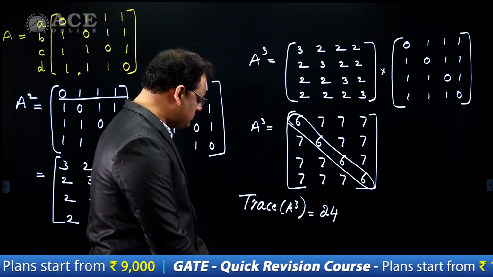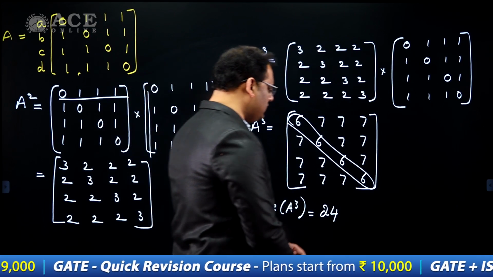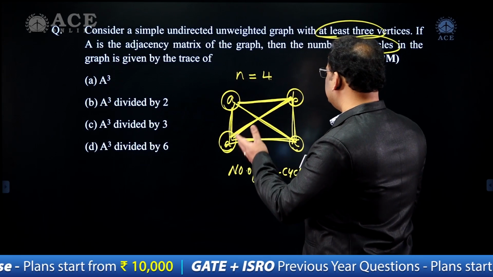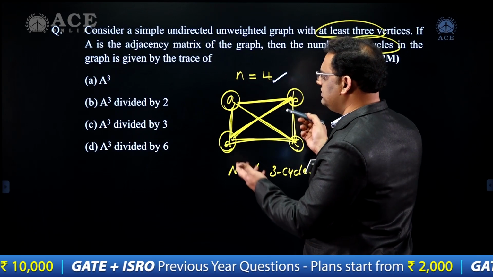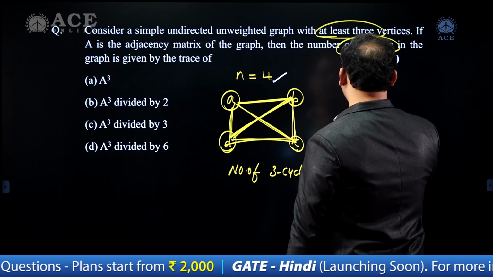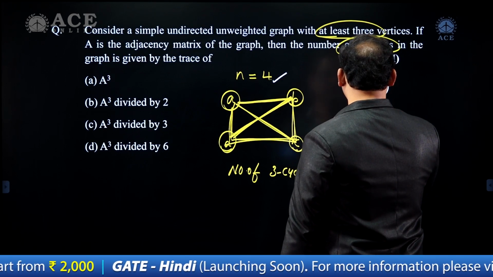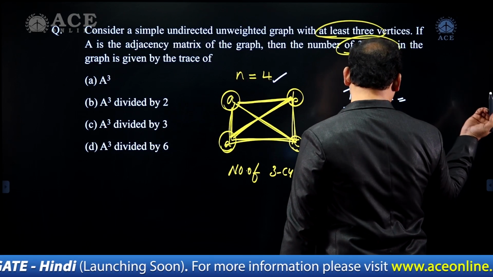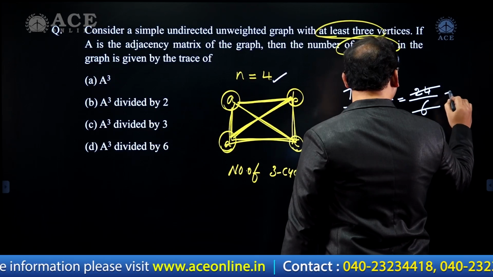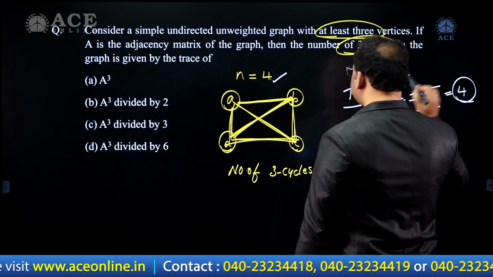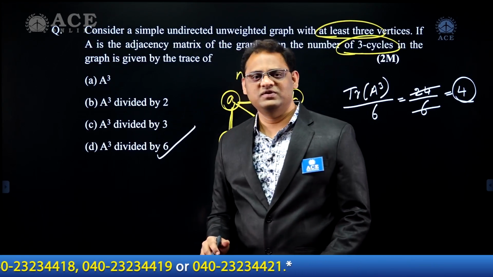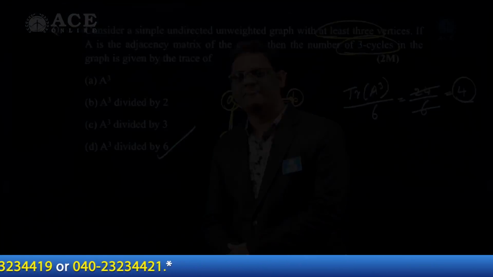So I got 24, that's okay, fine. And if I divide 24 by 2, that cannot be my answer. 3 also is not possible. But if I divide the trace of the matrix A cube by 6, 24 by 6, the answer will be 4. Only this is the option matched with the given question. So D will be the correct answer, my dear.